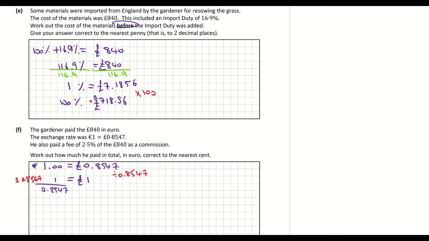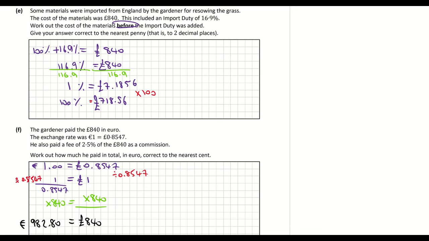Now you can turn that into a decimal if you want. It wants £840, so I need to multiply both sides by 840, which is giving me £840 equivalent to €982.80, I should say.